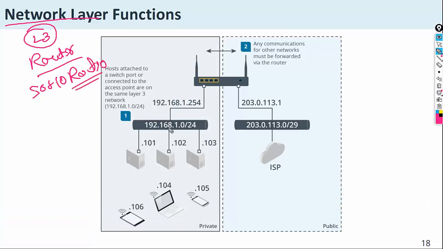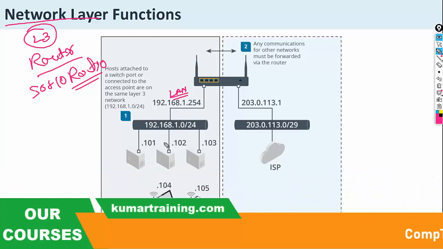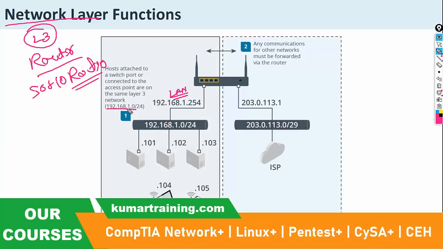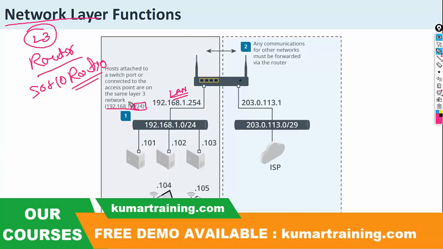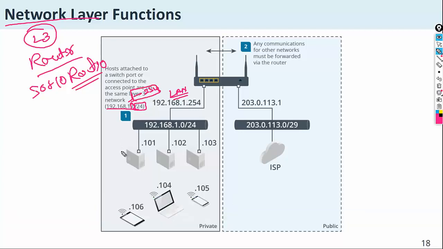So what is the network? Here is a LAN, the local area network, and the local area network has the network address 192.168.1.0/24. So /24 means the number in place of the 0 can be anything in between, for example 101, 102, 103, and these three devices have the IP addresses .104, .105, .106.